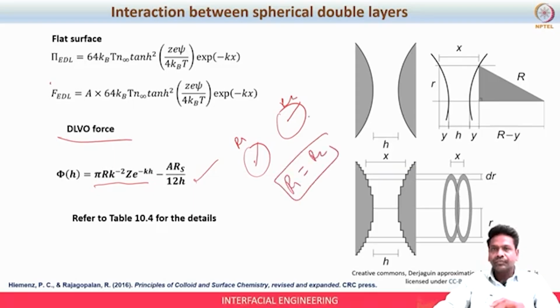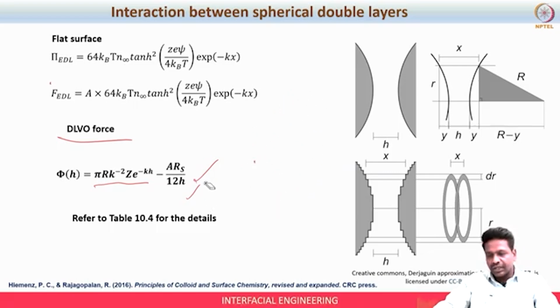For this case, the equation for the van der Waals is AR by 12H. You can verify this equation by referring to table 10.4 in this textbook. You can see this equation for different configurations, given in the form of a table, and this one is for spherical particles having the same radius.